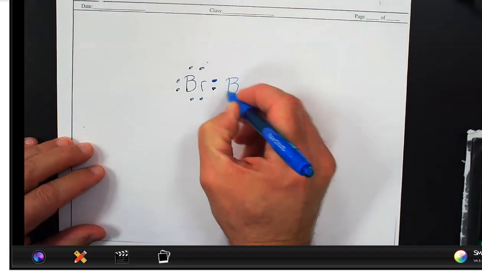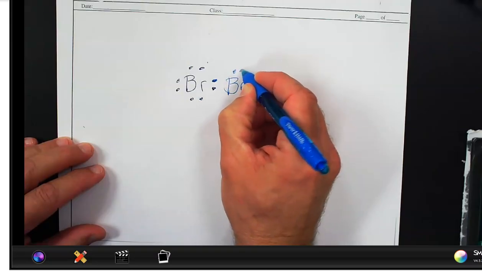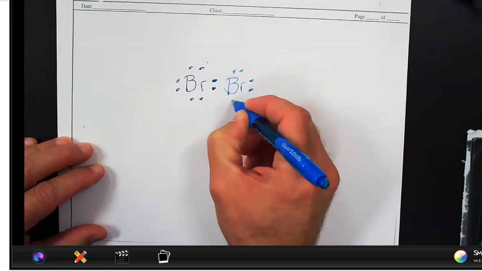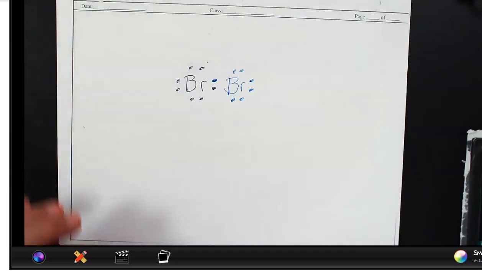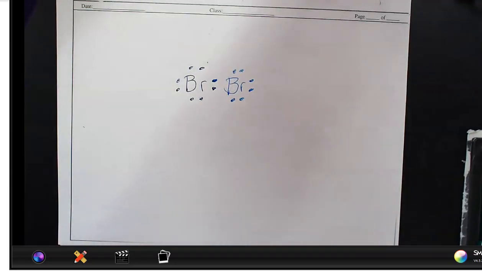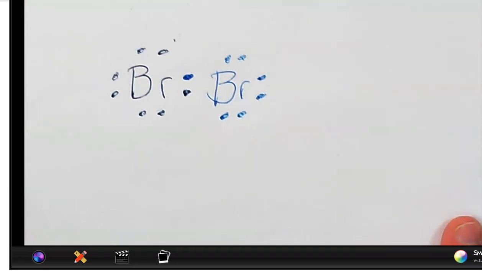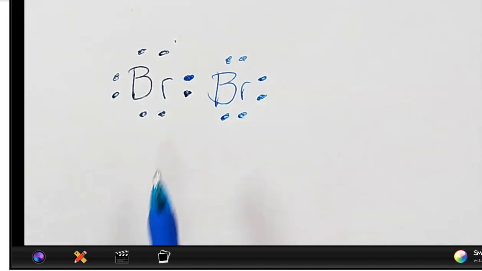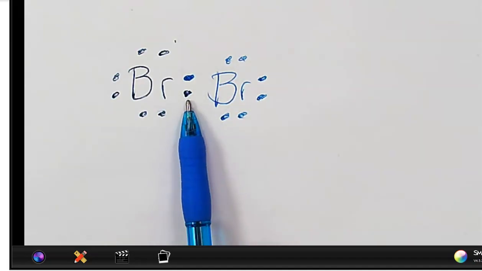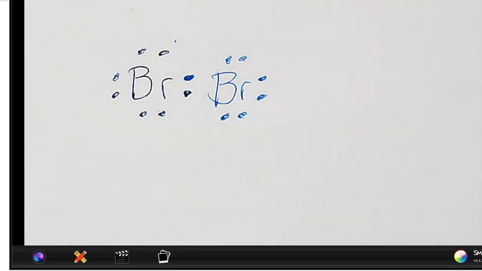It will have 1, 2, 3, 4, 5, 6, 7. So what are these two bromines doing? They are sharing this pair of electrons to form a covalent bond, a single covalent bond.